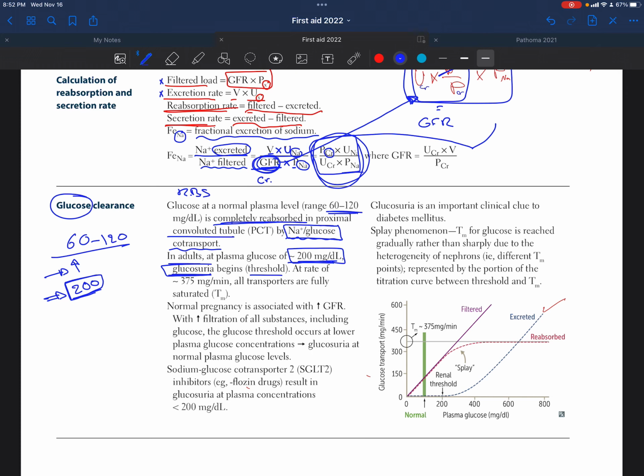And then let's say this person is now really diabetic or has some other issue that is causing their blood sugar to be raised until it gets to 375.